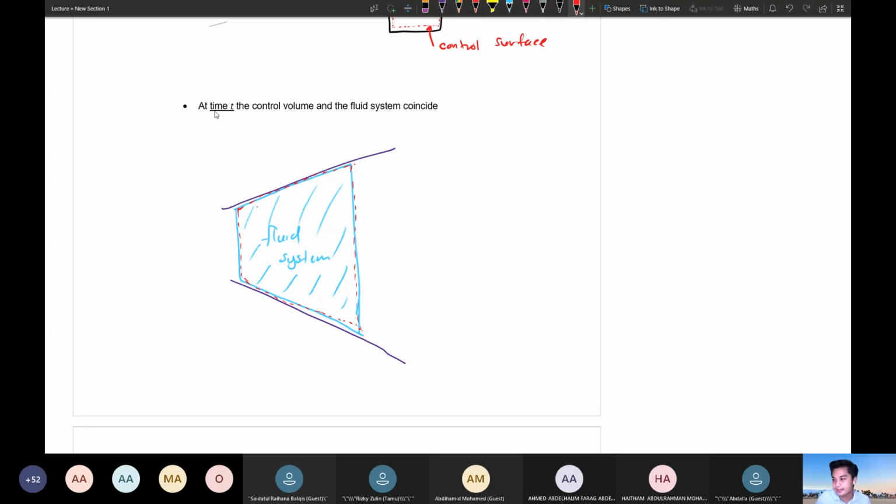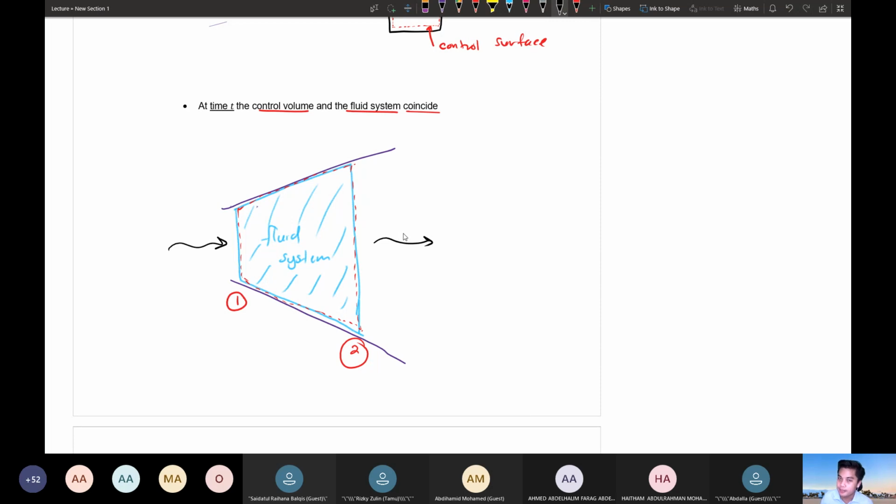Alright, so at time t, that means at time 1, the fluid system and the control volume, the red color, coincide. For example, this is point 1 and this is point 2. Okay, the flow from here to here, it is initially coincide.